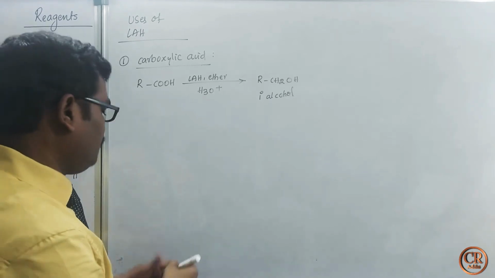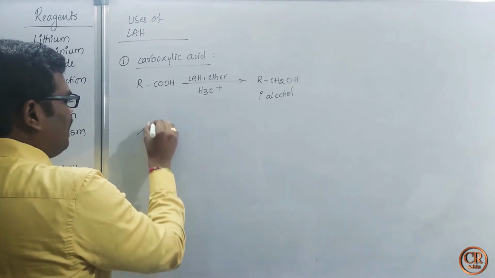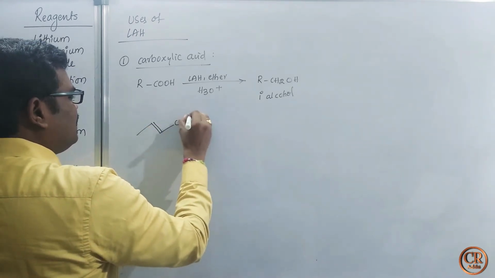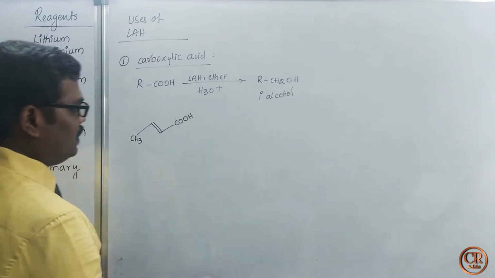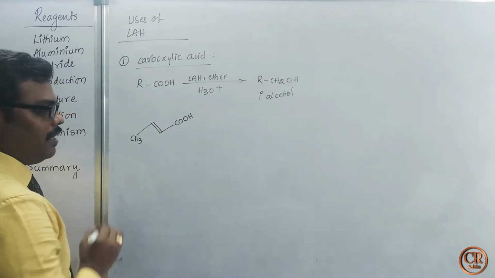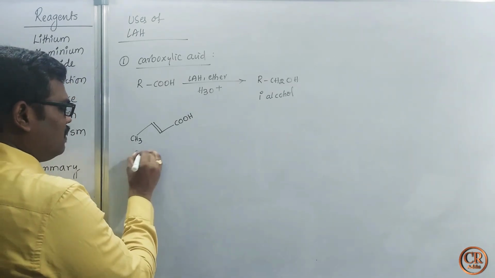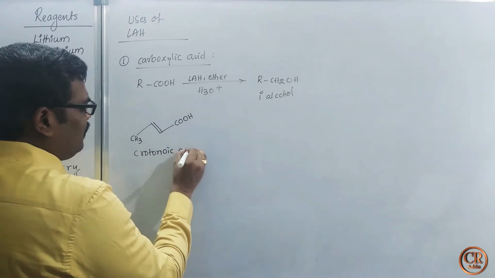Now if you take one example with COOH, it is this. See, what is the name of this compound? The IUPAC names are anyway easy, so I am going to write the common names. This is crotonoic acid.